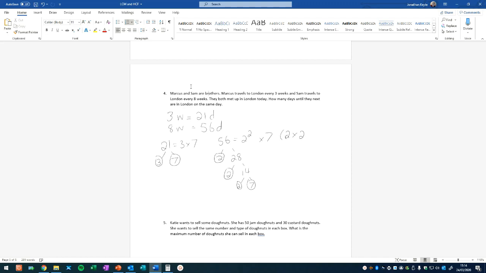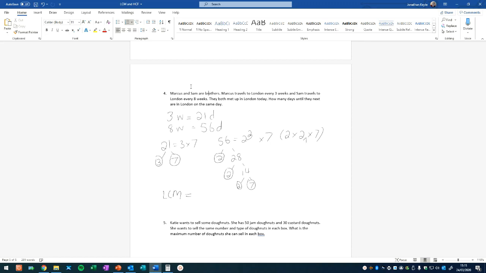2 times 7. So now, it's asking us how many days until they next are in London on the same day. So it's effectively a wordy way of asking us for the lowest common multiple. So we'll write here LCM equals, and using our superior knowledge that we have gained so far, we know that we take the highest power of each number present. By the way, this should be 2 cubed, not 2 squared.